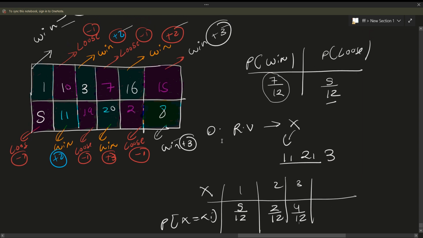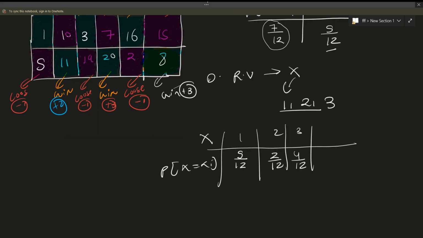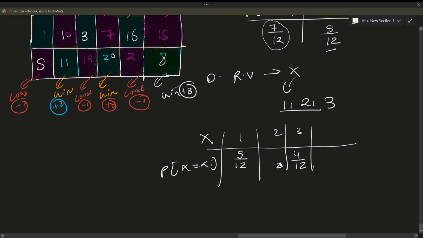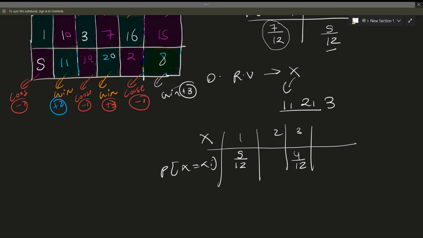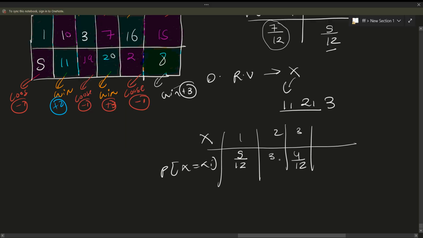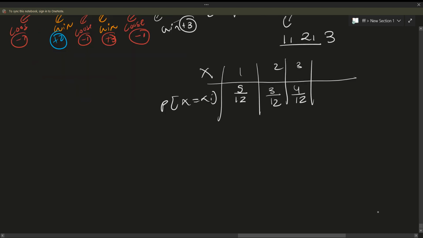I guess we're missing something. Let's see, lose 1, 2, 3, 4, 5. Let's see plus 2: we're getting 3 times plus 2. So it will be 3 upon 12.